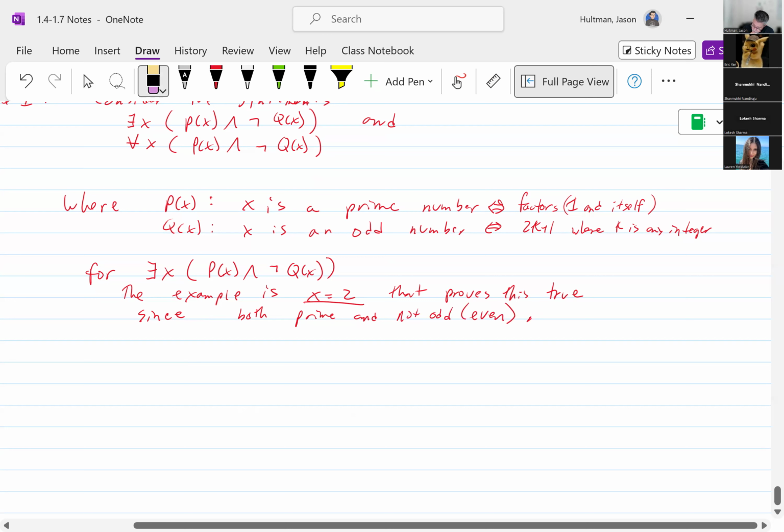This should say it is both prime and not odd. Even.